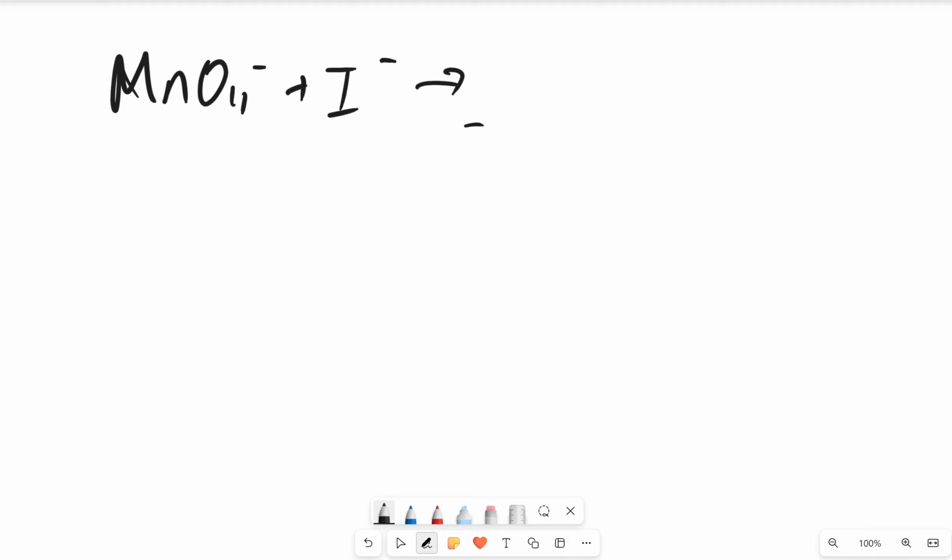Consider this reaction. Sorry, let me zoom back in. Consider this reaction: MnO4 minus plus I minus becomes Mn2+ plus I2.